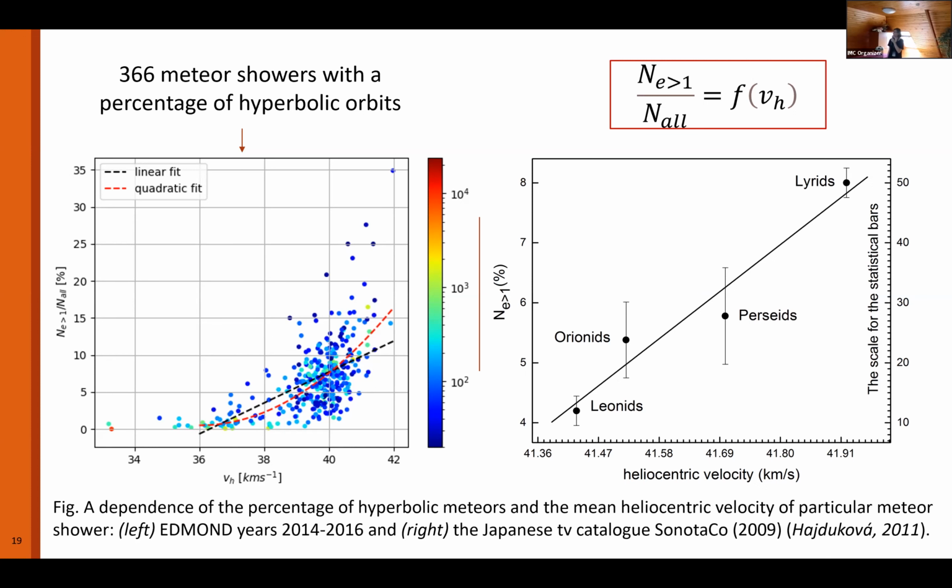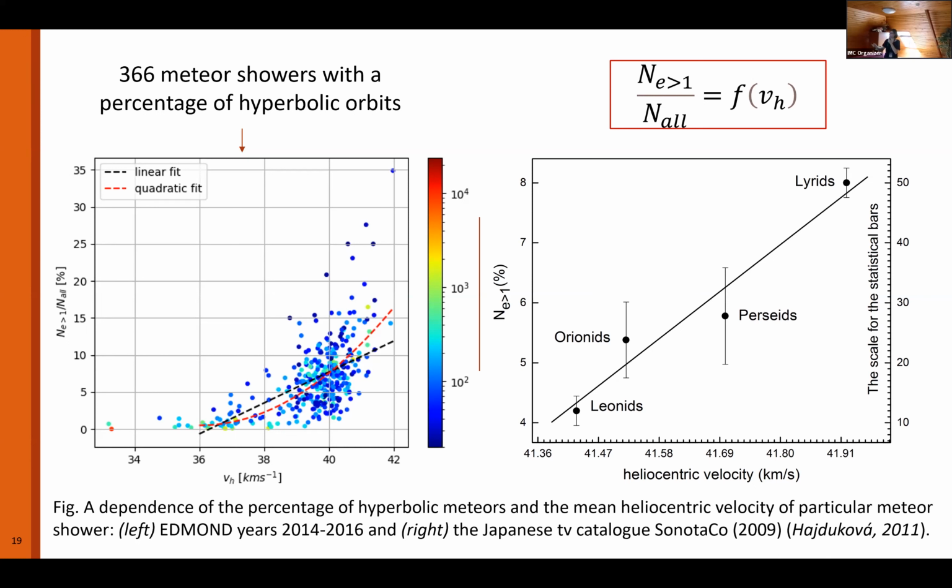So I did something similar, and there were actually 366 meteor showers that I found which had at least 1 hyperbolic orbit. Of course, all of those orbits would be errors, and as we near the parabolic limit, we see that the number of those hyperbolic orbits increases.